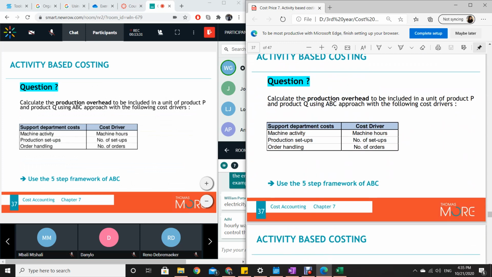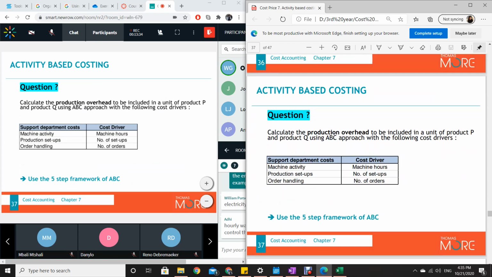Then the question is, calculate the production overhead that we get to include in a unit of product P and a product Q using the ABC approach, while we use these cost drivers.